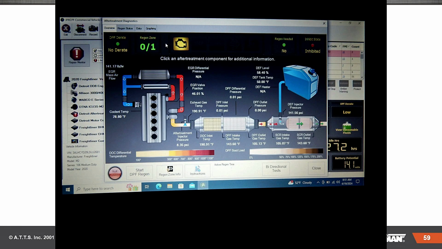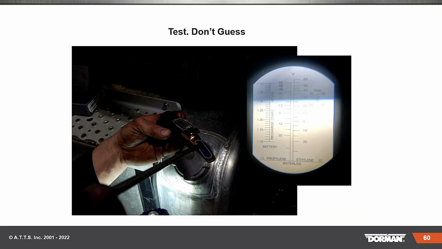Then again, another snapshot showing that with a JPro it's very nice. You see the DEF tank and everything else. But if you don't have a refractometer, get yourself one, because so often you have no control over who put what in, or when they put it in. Has that stuff been sitting on the shelf?